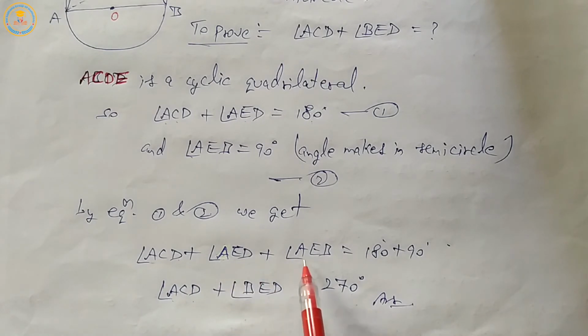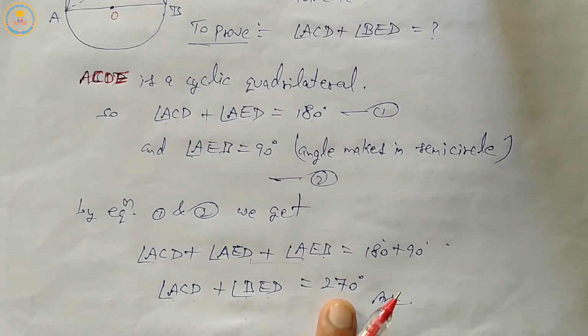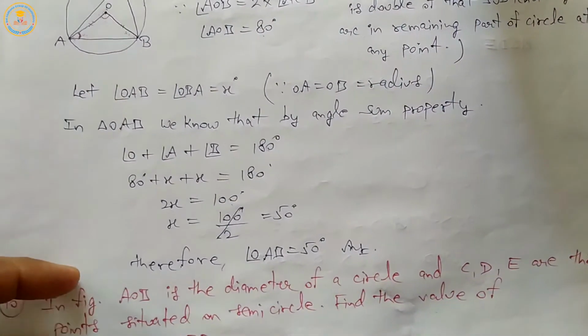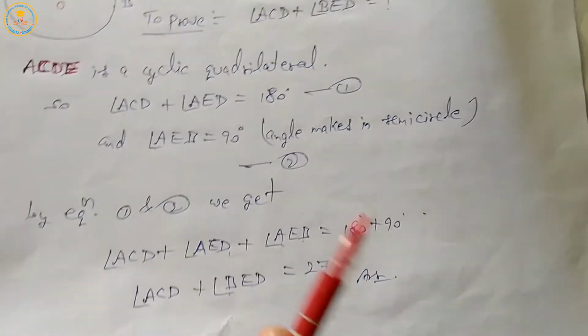Now AED plus AEB both together are BED. Therefore 180 plus 90 equals 270. So the value of ACD plus BED equals 270 degrees.